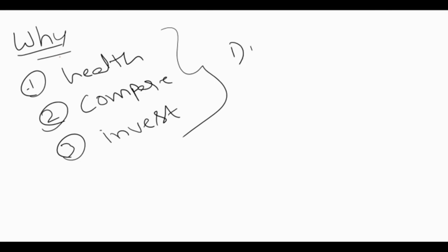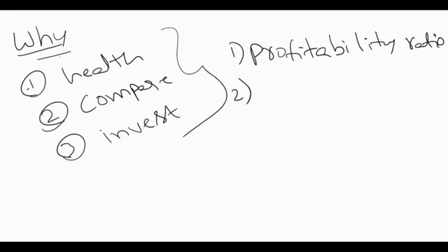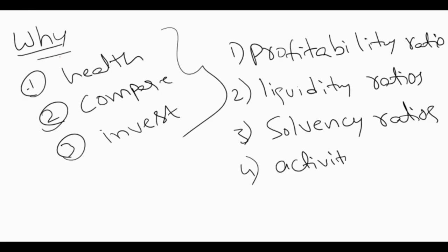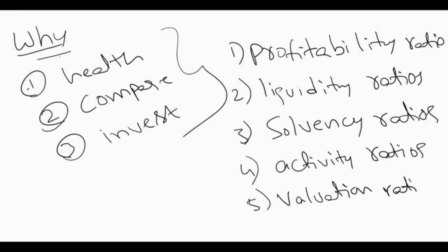One is profitability ratio, second is liquidity ratio, third is solvency ratios, fourth is activity ratios, and last one, fifth one is valuation ratios.